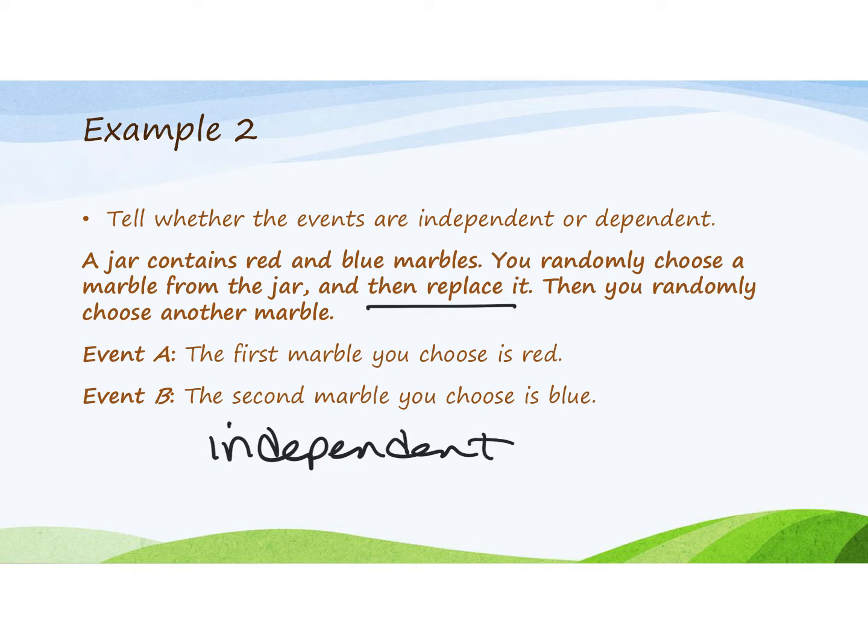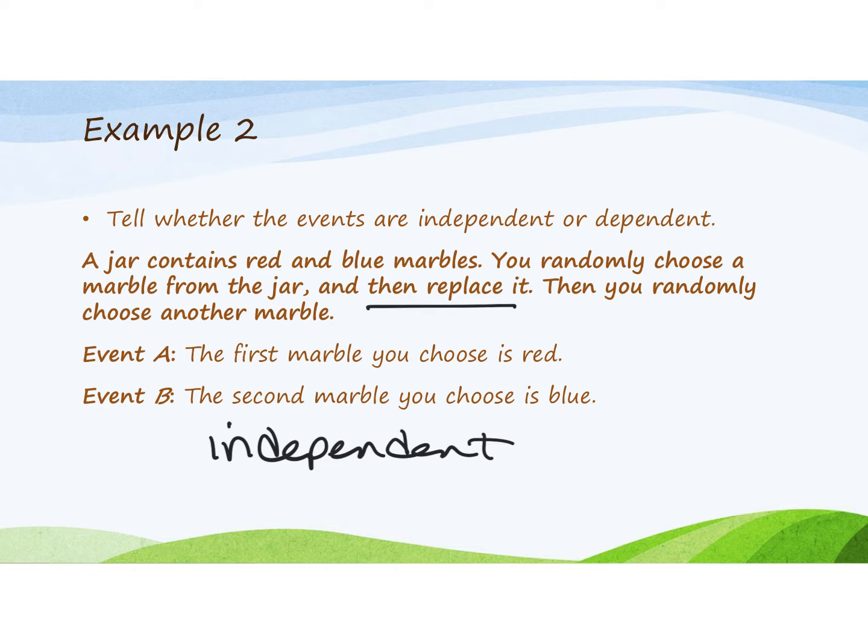When you're pulling something out of a jar, a bag, or a box, if you take it out, look at it, and then put it back in, then that is independent. But if you take it out and keep it, then it would be dependent, because it reduces the number of things in the jar or bag or box.